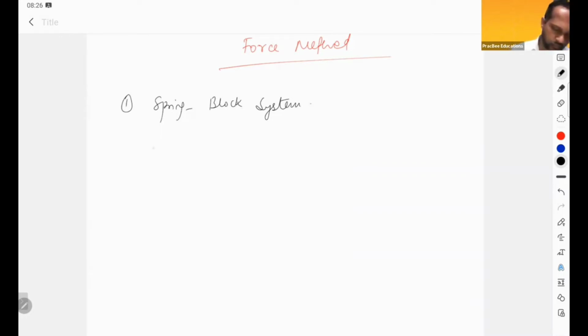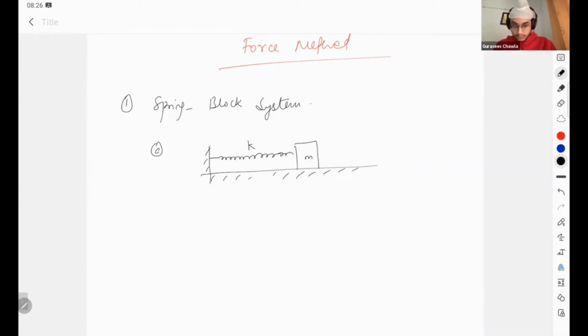So in this, the first one is, suppose we have a spring and to it is connected a block of mass m. And we have to find out the time period of this system. Every time you will write like this: the first step will be in equilibrium.